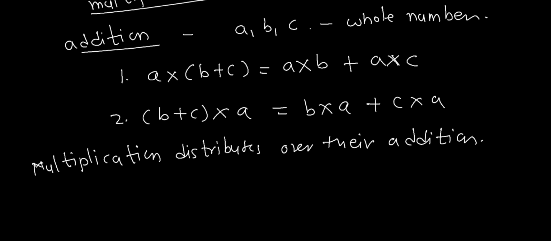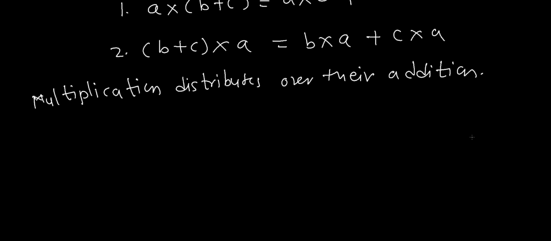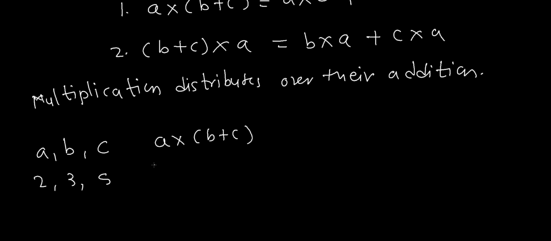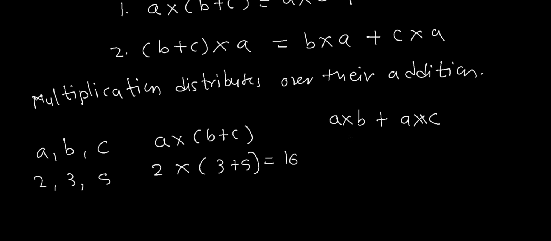We'll just take an example: a, b, c are 2, 3, 5. a into (b plus c). So 2 into (3 plus 5), 3 plus 5 is 8, 8 into 2, 16. Then a into b plus a into c, which just changes the form. We distribute multiplication over addition.